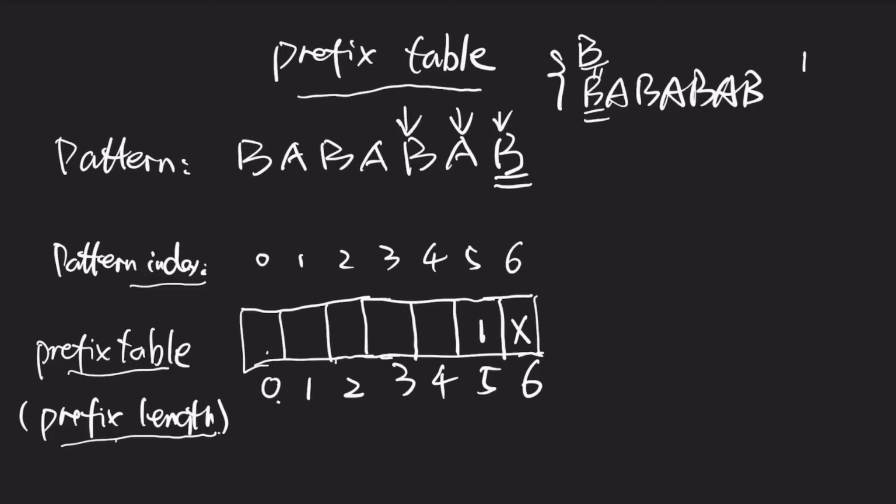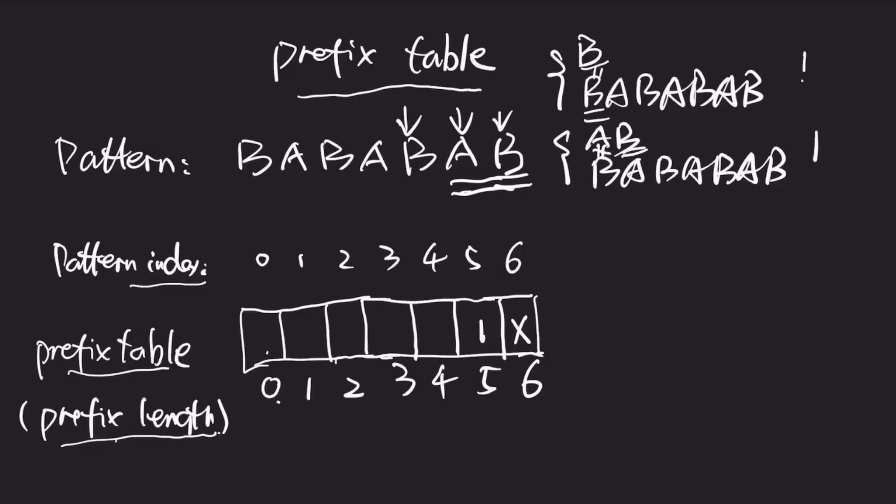And if the mismatch is here, the suffix is AB, and we compare AB with the original one. A is not equal to B, so we just use the value from last time, that is 1, here.